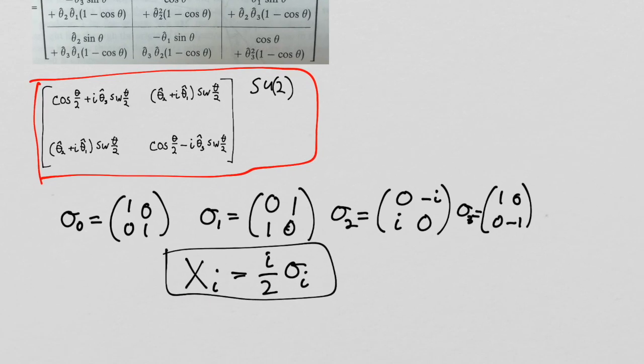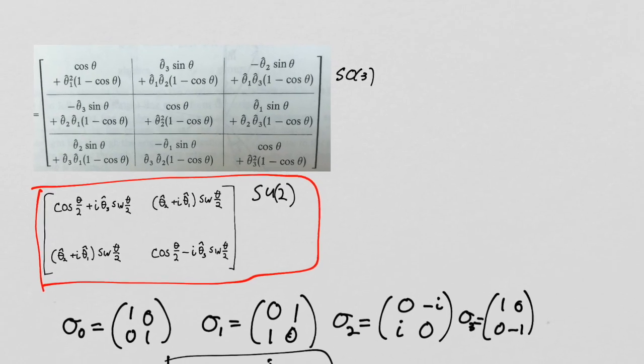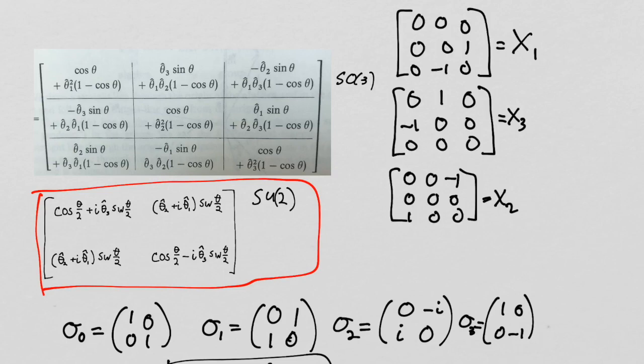Remember, we defined the Lie algebra's ultimate defining quality as its commutation relations, [x_i, x_j] equals minus epsilon_ijk x_k, with the implied summation over k. With the same commutation relations, we have 3x3 matrices that we used in the case of SO(3). I think it was these. Let me make sure.